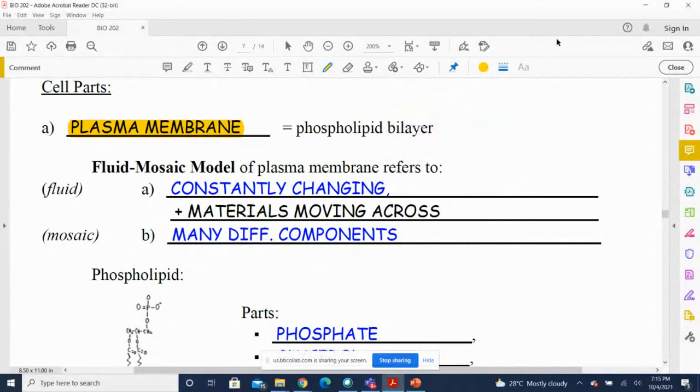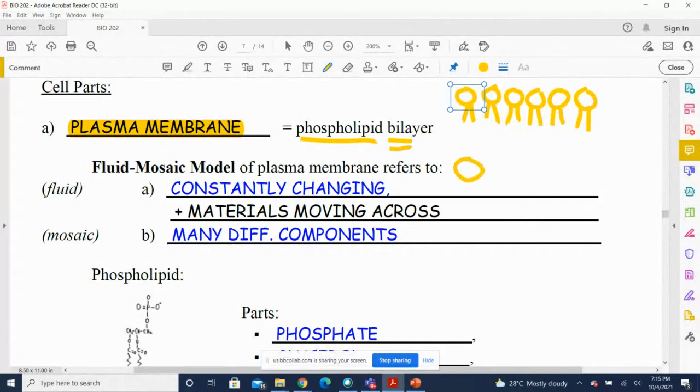But the big thing to remember, if we describe it as a phospholipid bilayer, is two layers of phospholipids that are packed facing against each other. There could be other stuff there as well, but that's where the name phospholipid bilayer comes from.